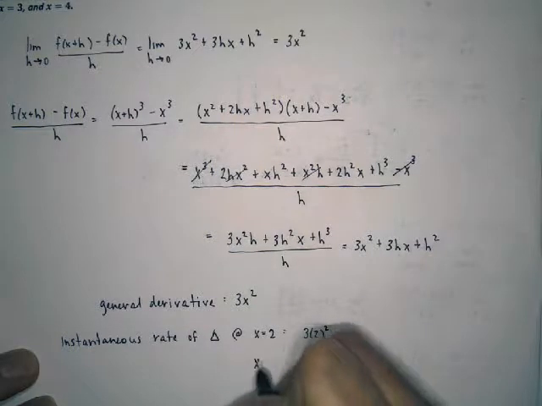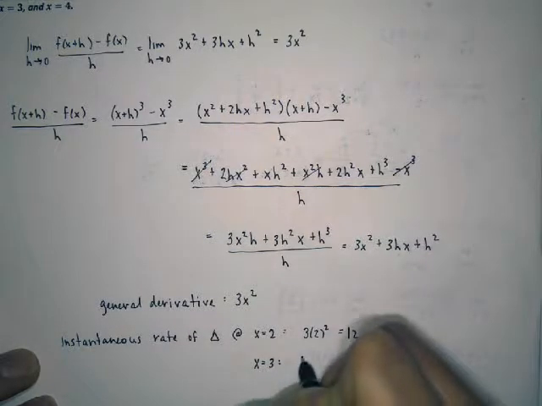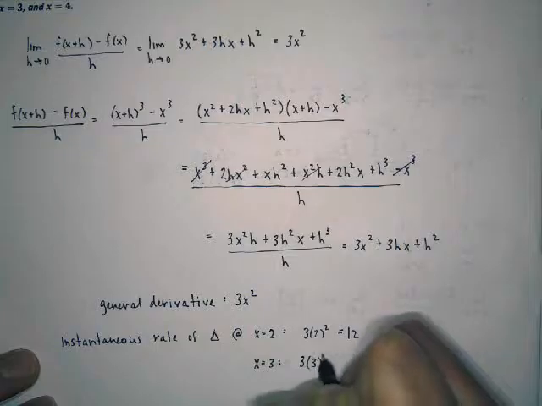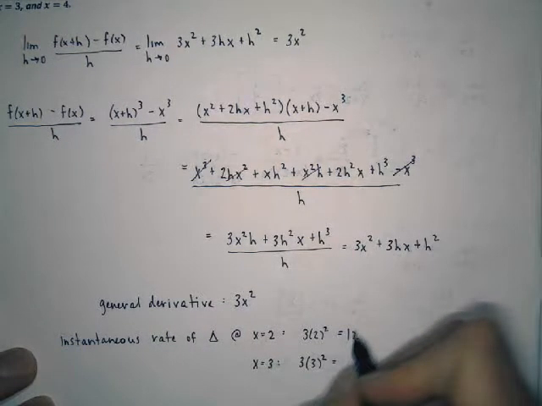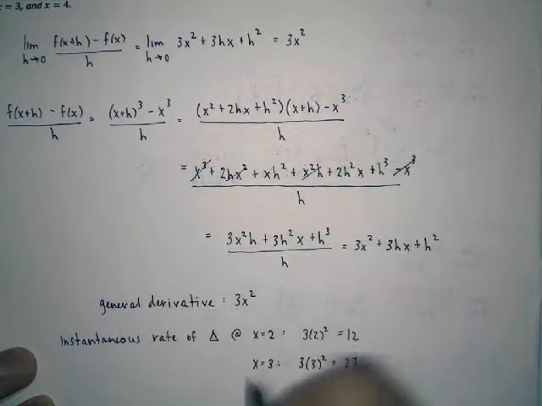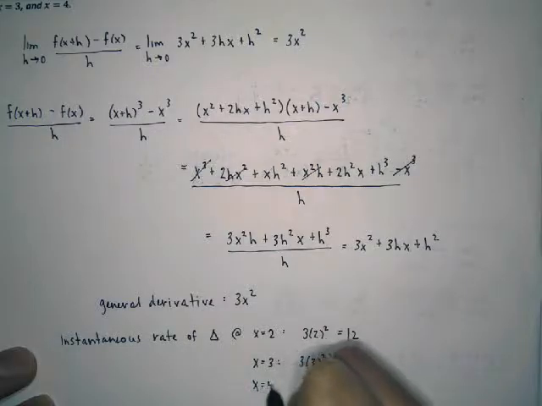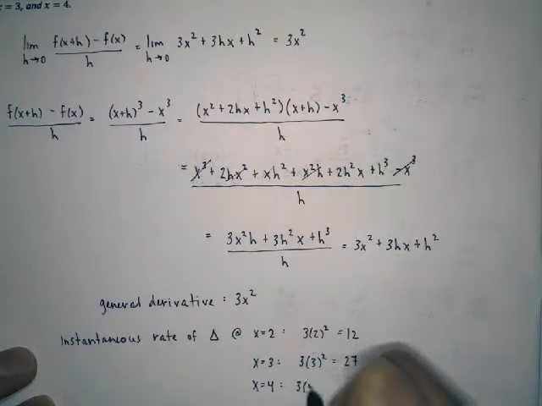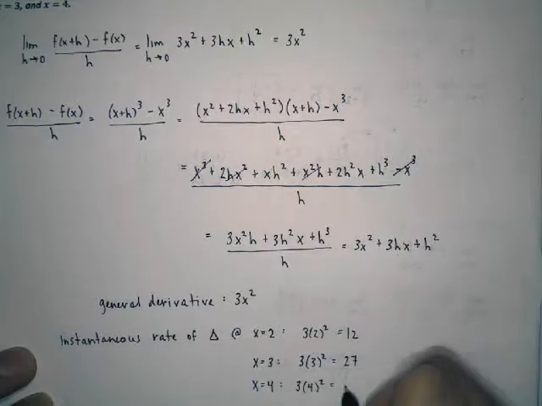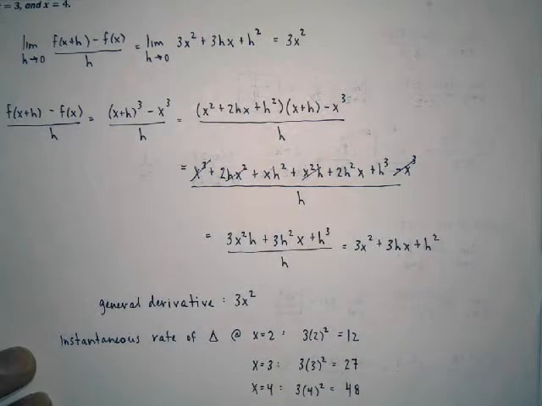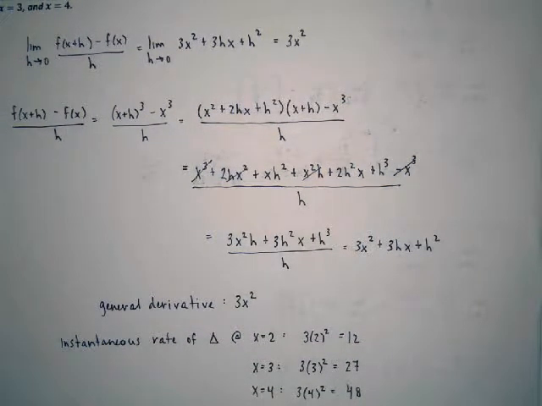Then similarly, plug in 3 here, and I get 27. And at x equals 4, I have 3 times 4 squared, which is 3 times 16, or 48. So the general derivative allows me to calculate a number of derivatives at specific points without repeating that formula 3 different times.